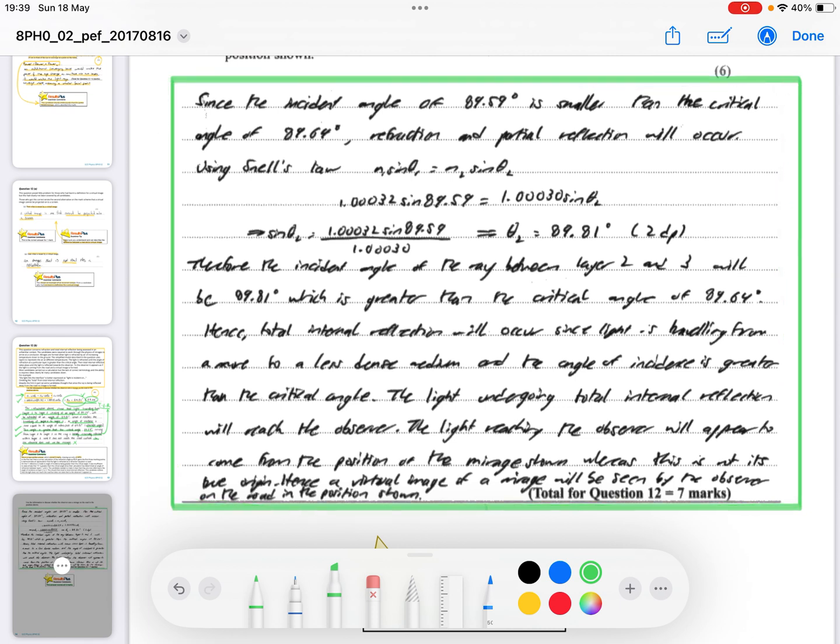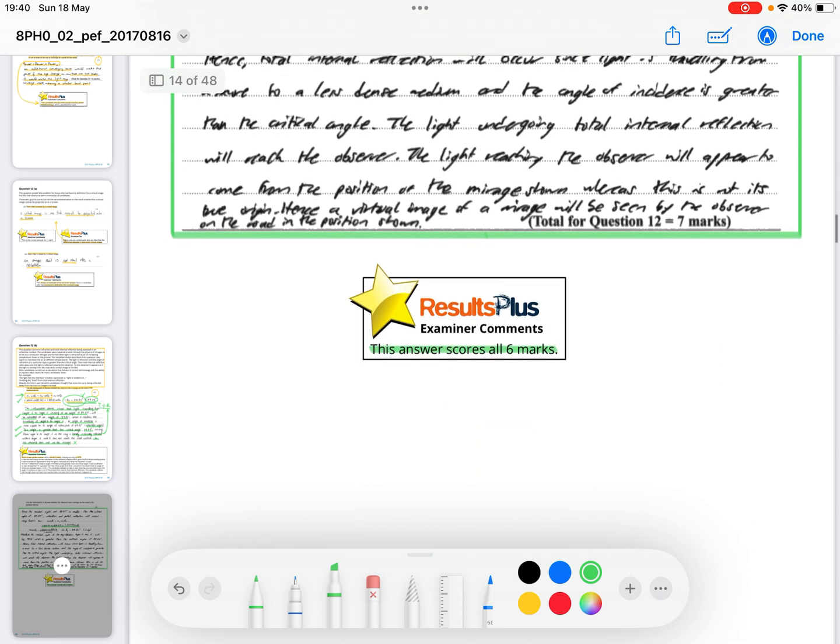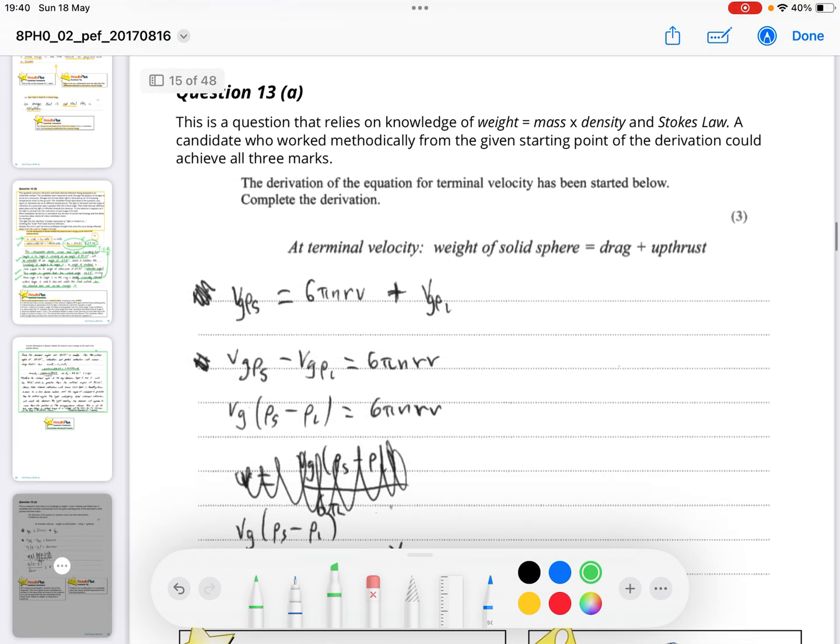The other thing you can do is write in bullet points, so you can see the student has done the same kind of calculation. And presumably he's then made the final marking point, which is to say that the total internal reflection off the hot layer of air close to the road causes what we call a mirage. So this is question 12, 7 marks. The perfect answer. Have a read through it. And then question 13 is a new question.